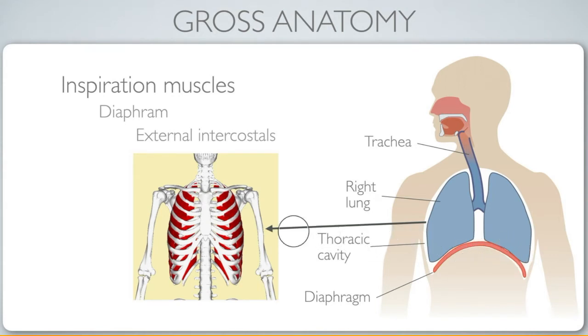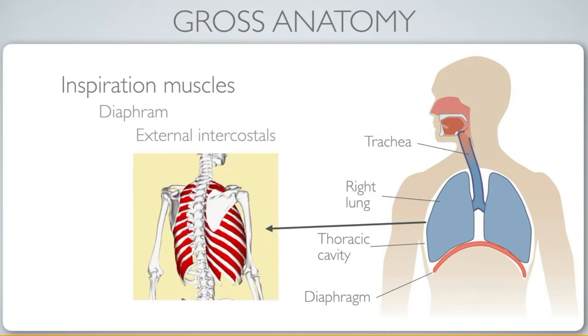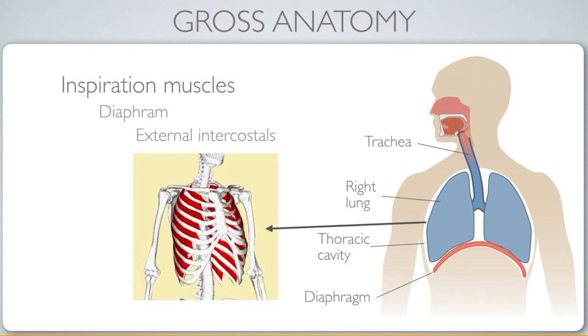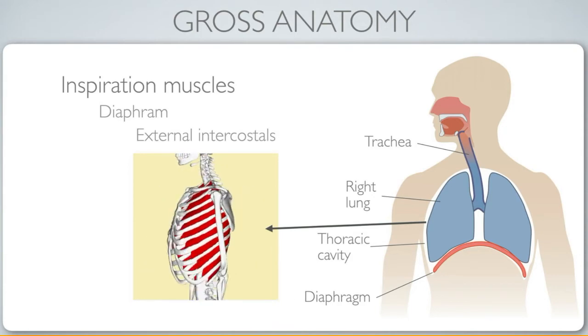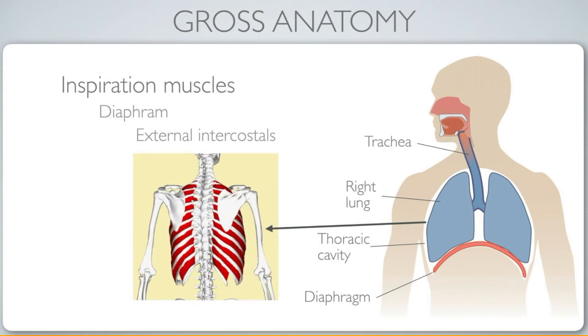And then there are muscles associated with the ribs. Those are called the external intercostals. And we can see that they surround the rib cage. And when those muscles contract, they serve to expand the thoracic cavity by expanding the volume contained within the rib cage.